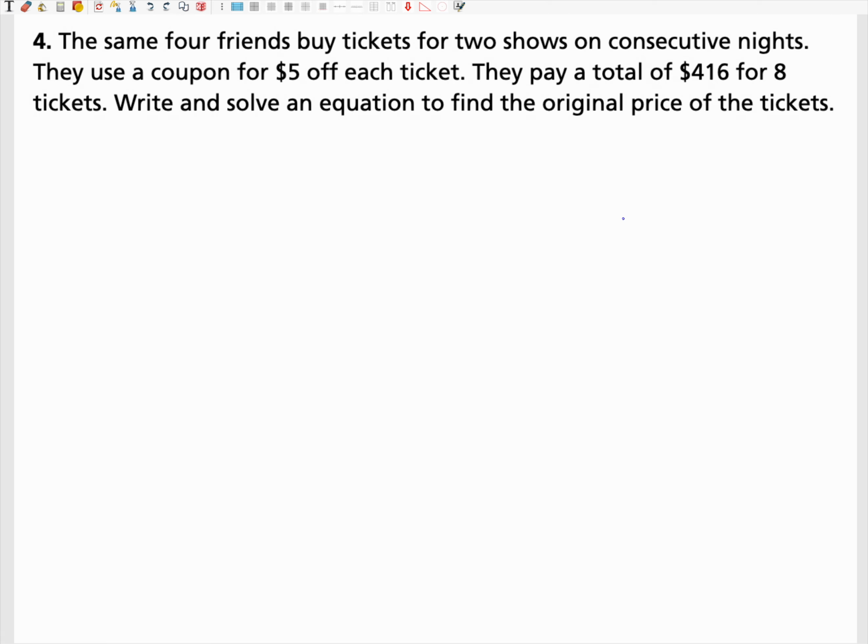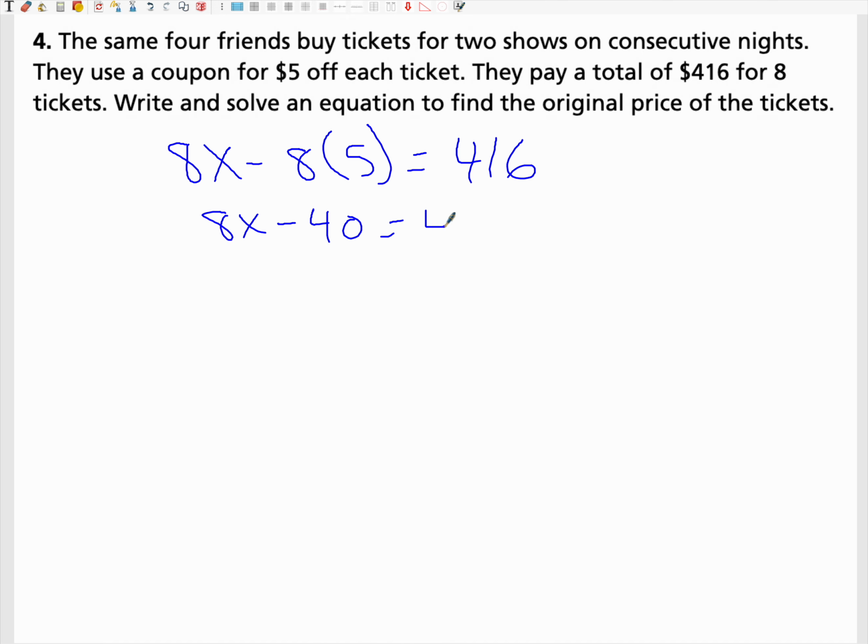So they bought 8 tickets minus $5 per ticket discount, and they spent $416. 8x minus 40 equals 416. Oops, add 40. 8x equals 456.